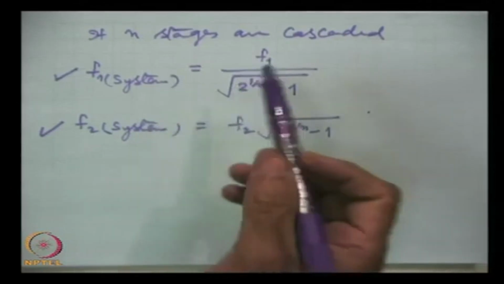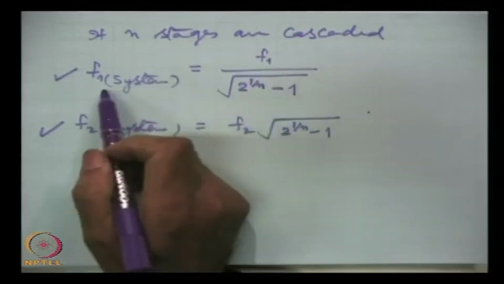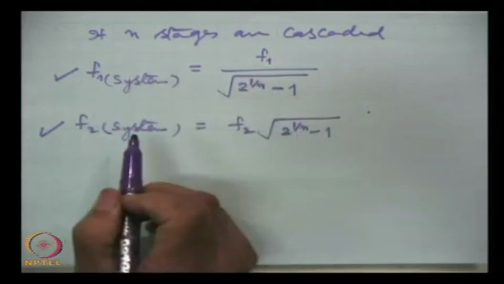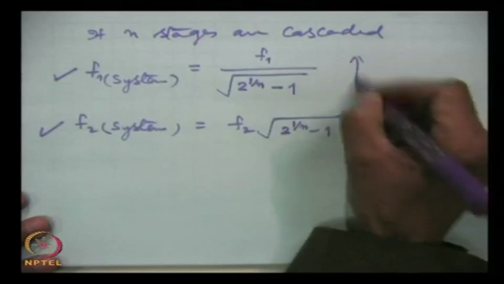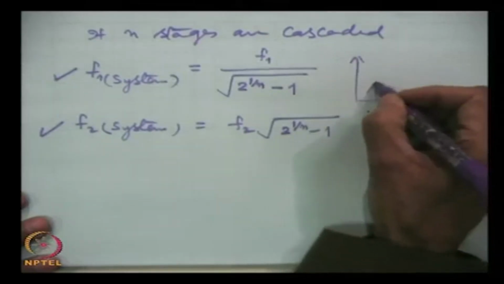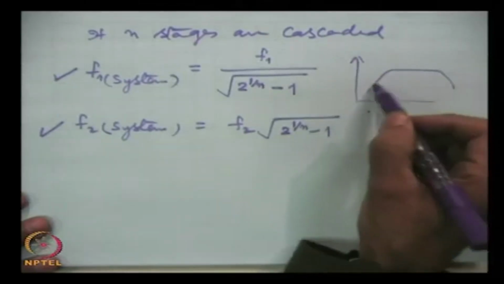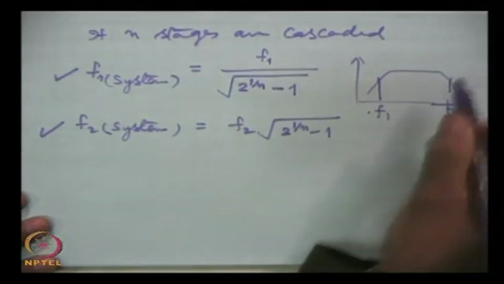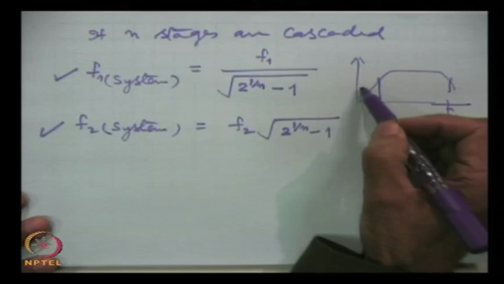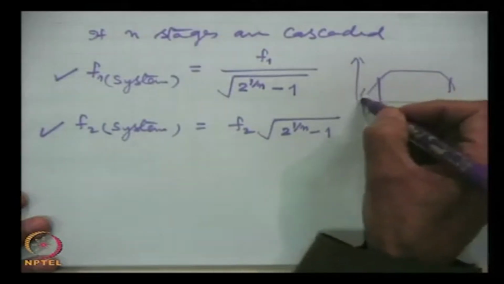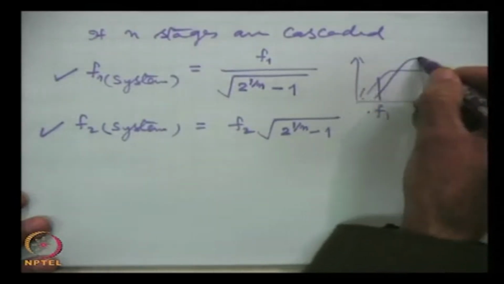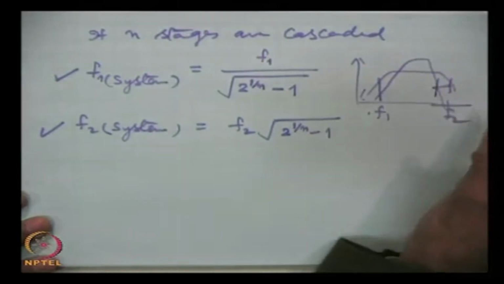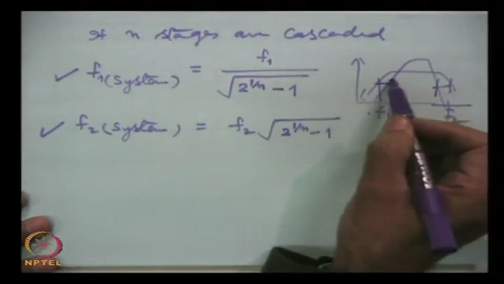We can see that the lower cutoff is increased and the upper cutoff falls. Here the gain, if this is F1, this is F2, if this falls, then we are talking about something of this kind. It has fallen and this increases.